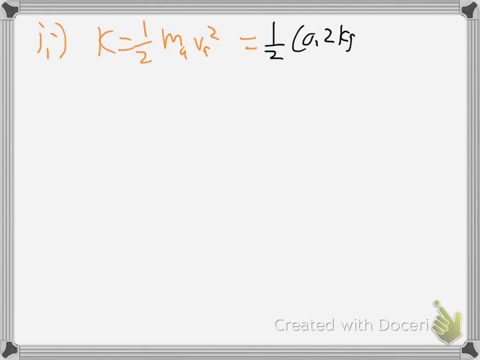And part 2 asks for the kinetic energy. K is equal to 1/2 mv squared. So this is 1/2 times 0.2 and 3 meters per second squared.